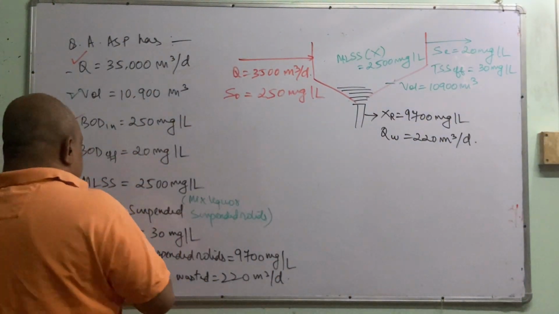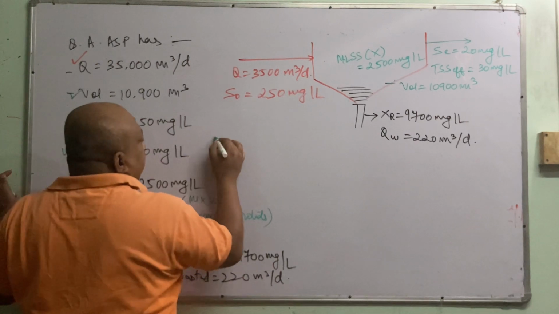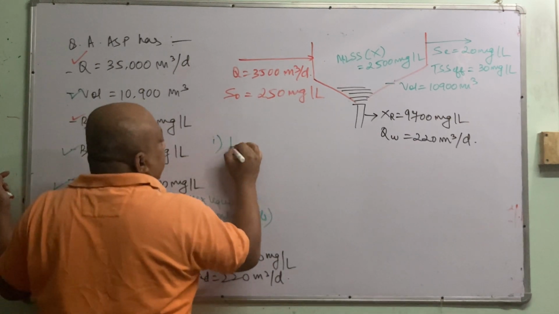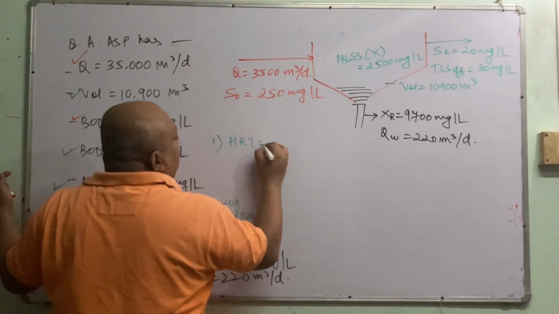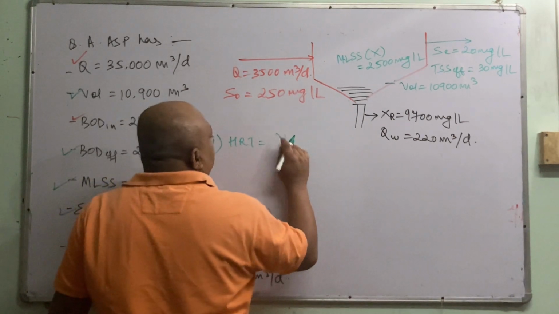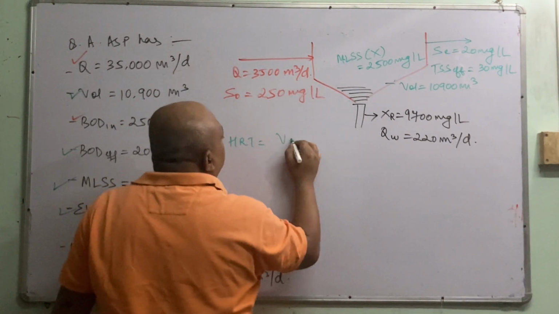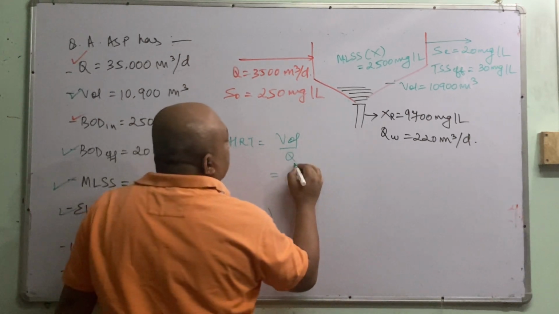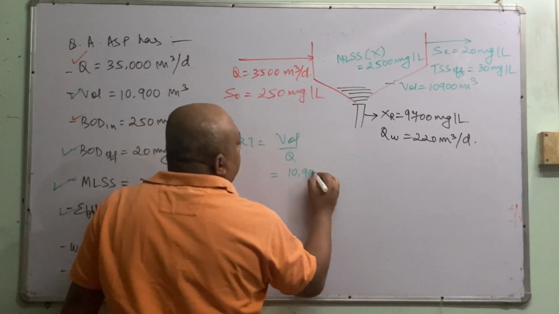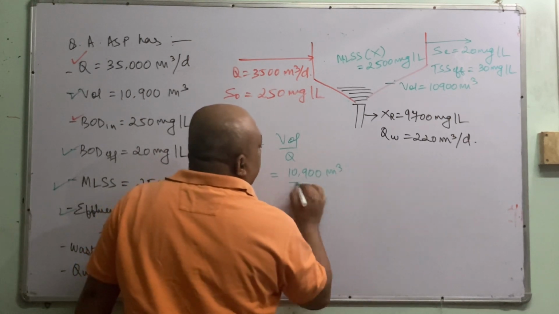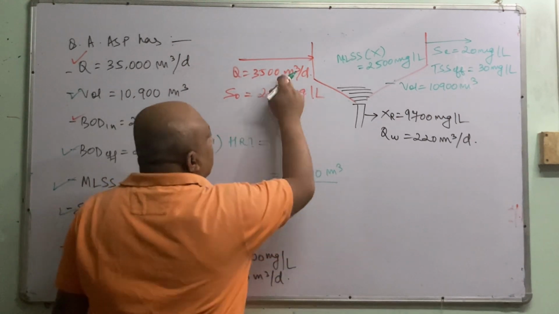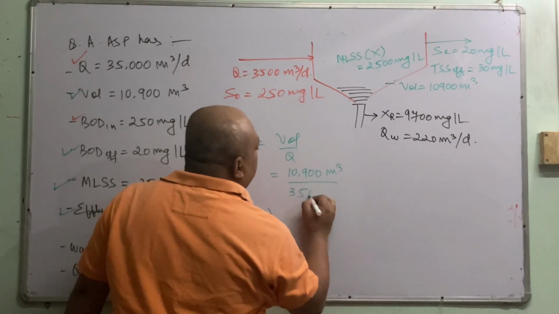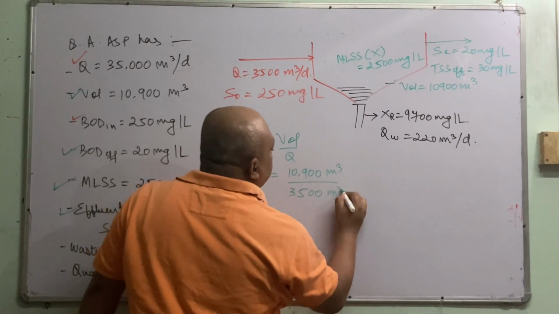Now, first, let us find what the HRT is. HRT is volume by Q. So what is the volume? 10,900 meter cube divided by Q. What is Q? 35,000 meter cube per day.